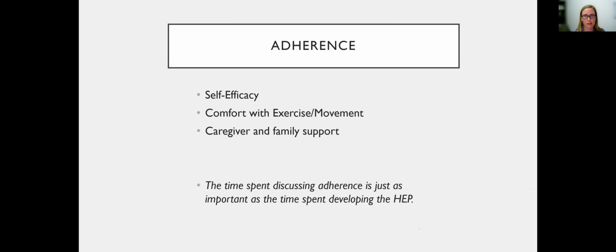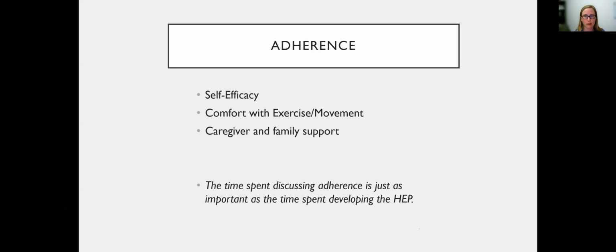But it can take time to work through that process of readiness to change, and it really can be very well spent time with your patients, looking at things like building self-efficacy, that confidence in what they're doing, and providing positive reinforcement, whether it's from you as a caregiver or from the family or other social supports.